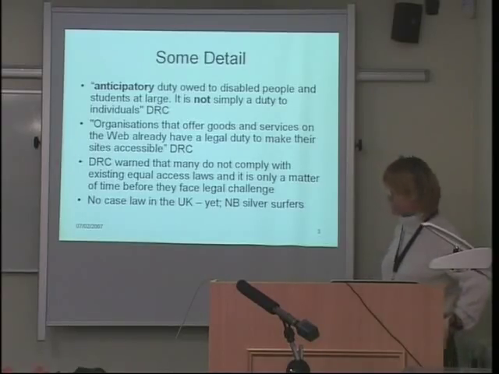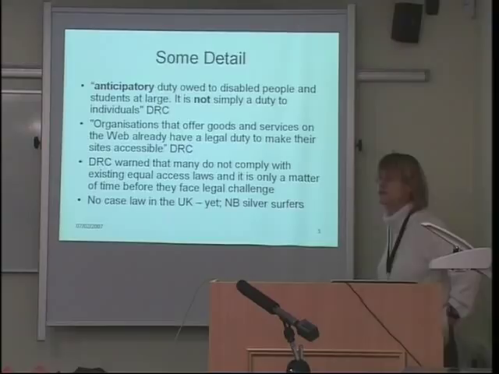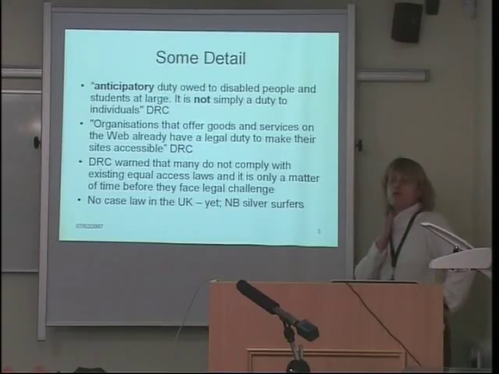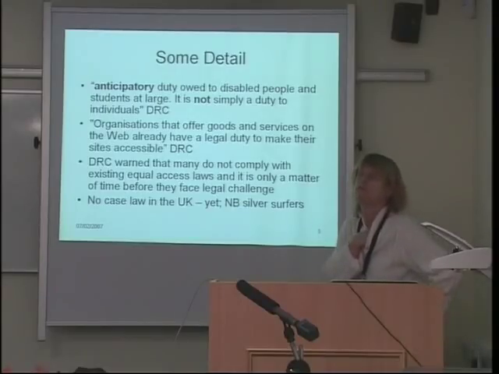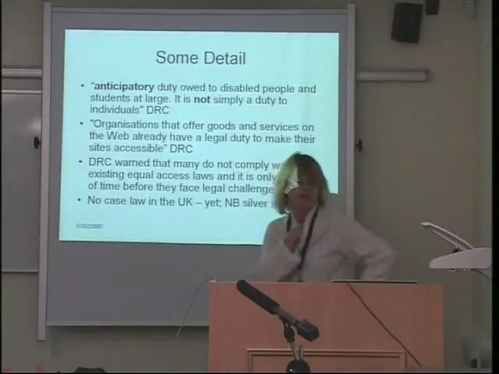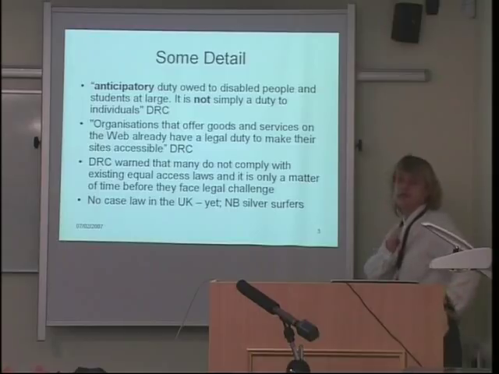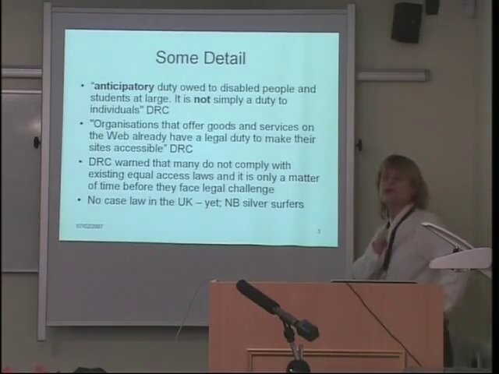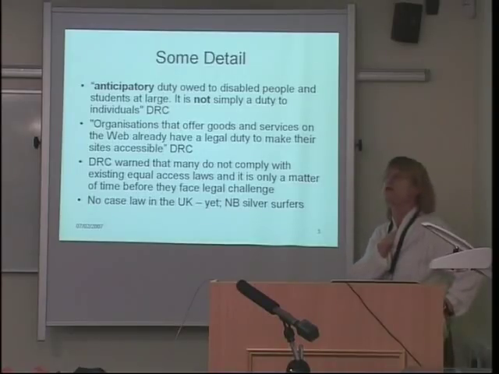And I've put down at the bottom here NB Silver Surfers, because there are more and more older retired people who do have special needs. For example, my husband is retired and he's going blind. He's not blind yet, but he is going to suddenly come into this category of someone who requires accessibility.